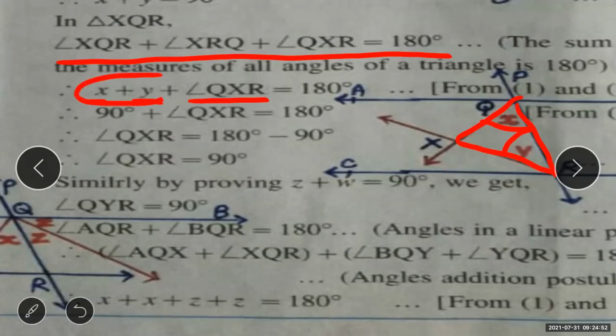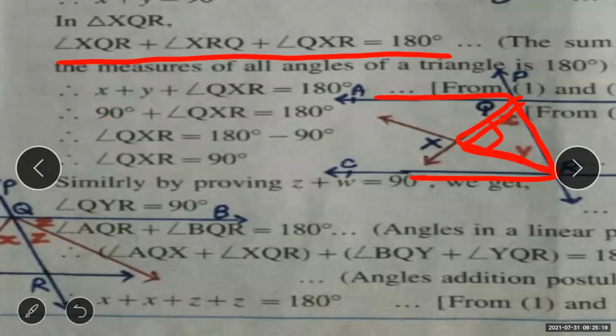We found the value x plus y is 90, so I put it here. By calculation, I got the value that this angle is 90 degrees. So we got the value of x as 90 degrees. So in the second case you have to consider this triangle. In the first case we had to take the interior angle pair. In the second, only the triangle.